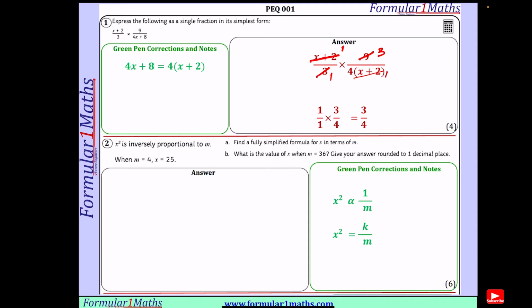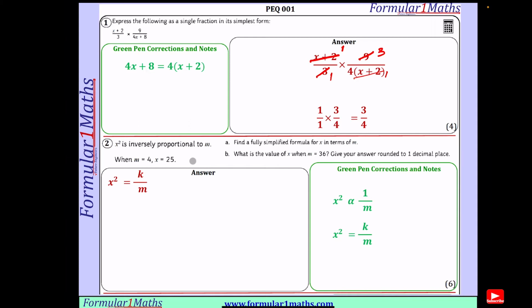This will be the form of the required formula in question 2a. So let's rewrite it again. And we are told that when m is 4, x is 25.